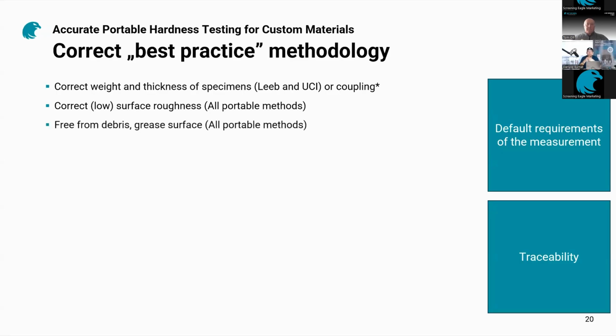A third one we have not mentioned so far, but we need to clean our samples. It's one of the most common mistakes. Some people believe that if they indent something with a diamond, it goes through, but in fact they block the interface of the UCI contact impedance with debris. So it is important to get rid of debris and grease, and just clean the surface.